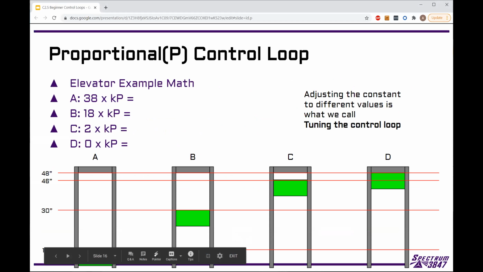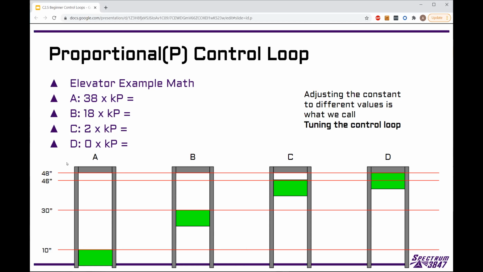Okay, so looking at our elevators again, we have to figure out what Kp we actually want. We are able to set up these equations where these values over here are the error at each of these timestamps.